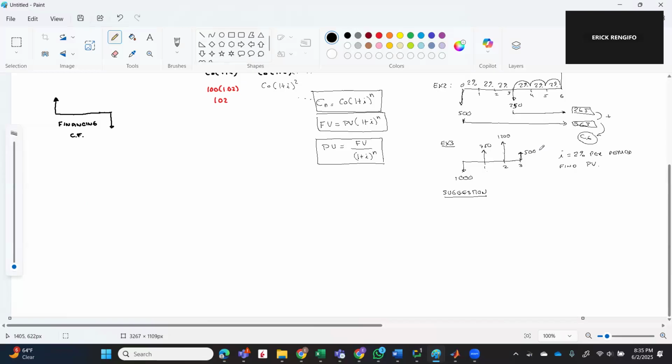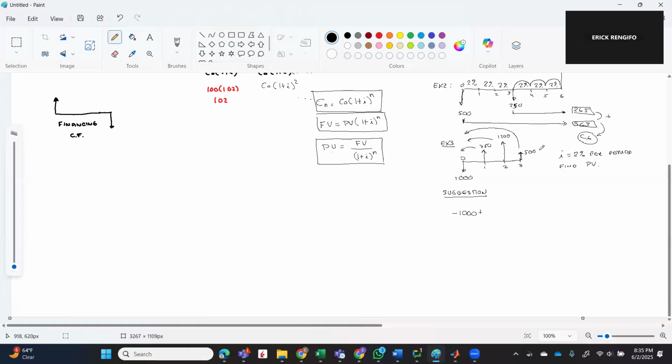Let me explain how this works. First of all, you're going to have minus $1,000. You don't do anything, because the 1,000 is at time zero. What I need to do is bring all these monies to the present. How do I bring the 750?